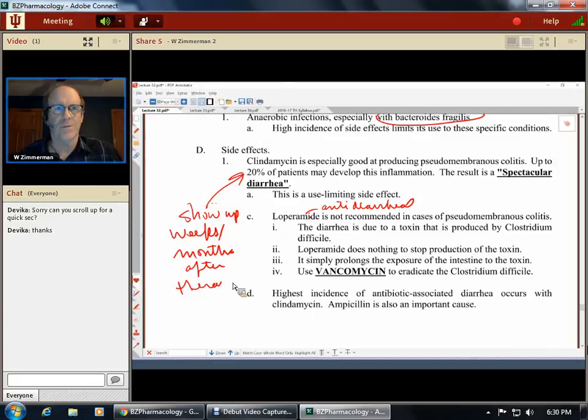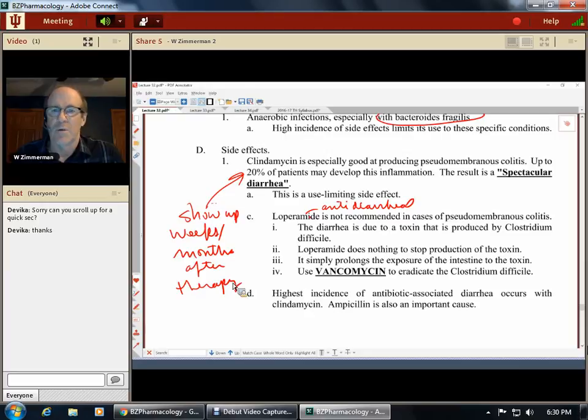And sometimes if it's 2 months later, it's kind of hard to tie in. Patients will certainly have a hard time tying that in, but if you're not doing a good history saying, have you taken any oral antibiotics in the last year? Quite often, patients aren't going to pull that together, and they'll start taking the loperamide, which slows down the gut, which just allows that toxin to sit in there longer and longer.